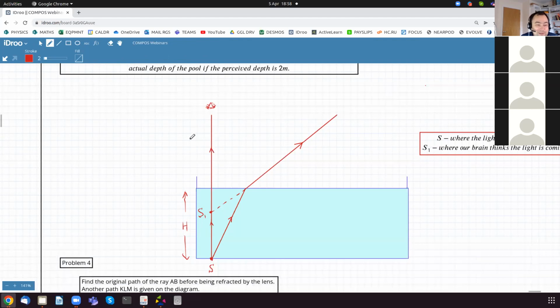And what we need to do now is just do some geometry. There's hardly any physics involved here, purely maths. I'll just use alpha and beta.